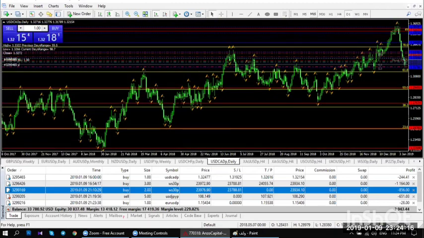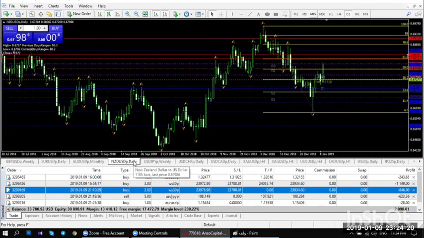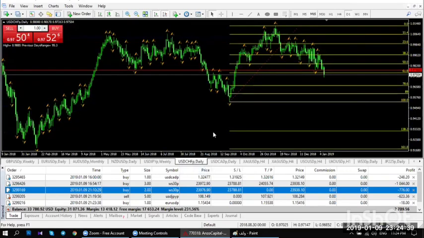I'm looking at the past of the chart to see if there's any examples. I want to find a chart without any swing lows.